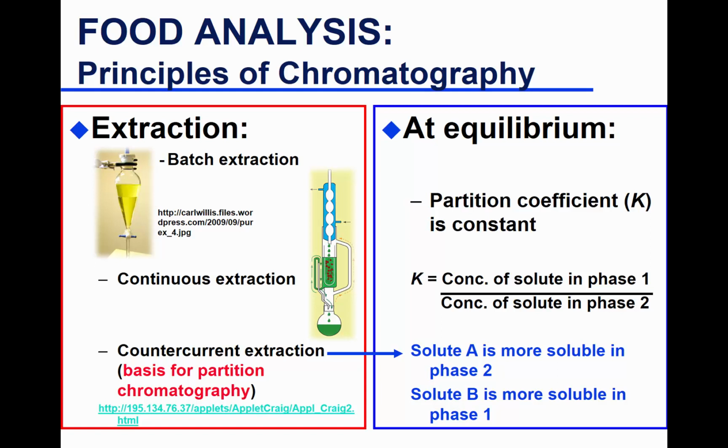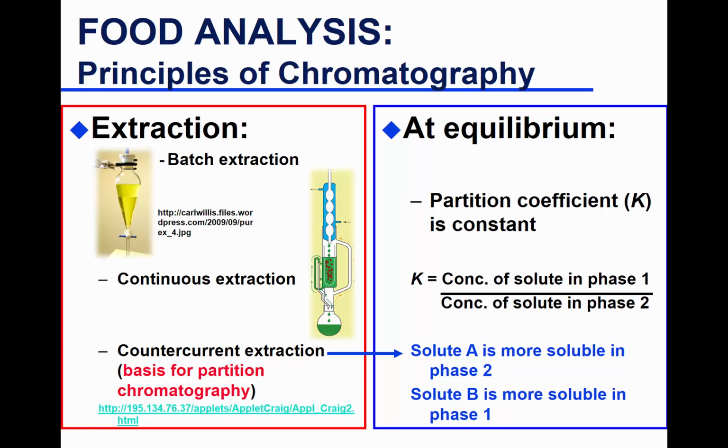So when you shake the two solvents, then the solute, or the compound that is soluble, will reach an equilibrium. That means it will have a constant concentration in solvent A, and another constant concentration in solvent B. Depending on what solvent it likes more, it will have higher concentration in that solvent. So in partition chromatography, a series of equilibria happens so that you end up separating the two from each other.